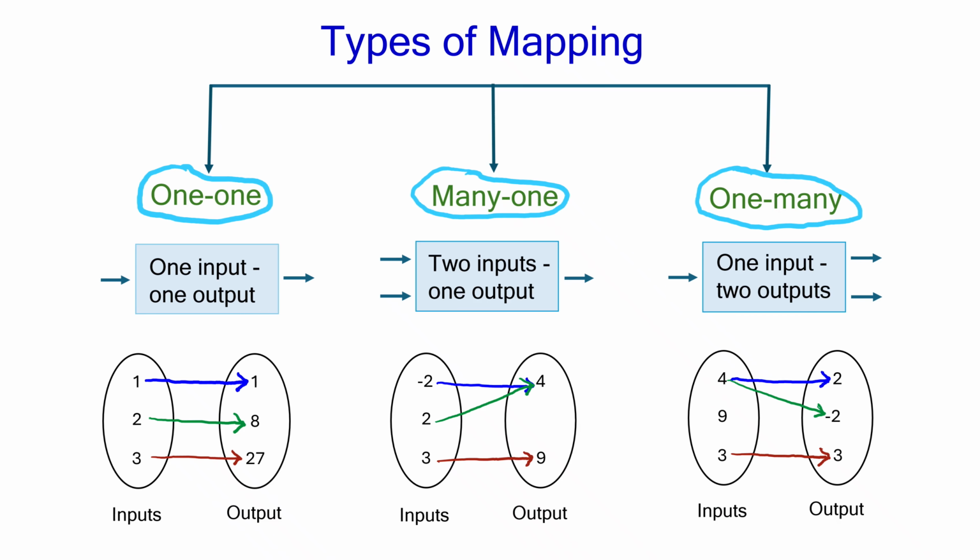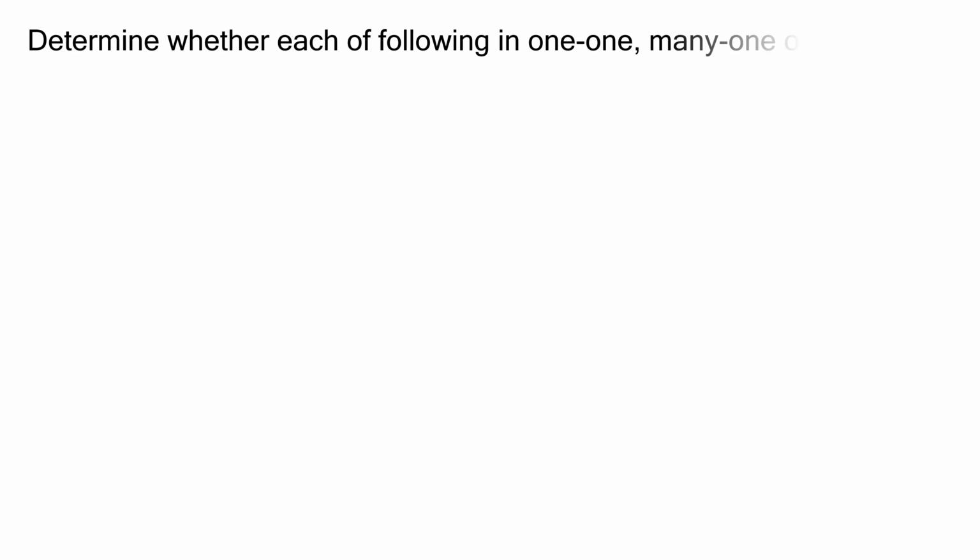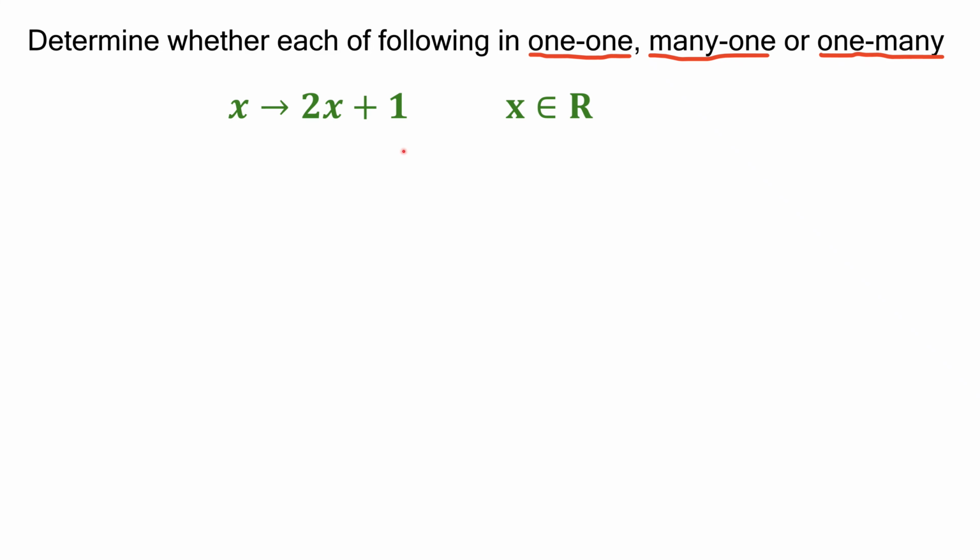Now we will consider this concept with the help of an example. For example, we have to find which mapping is one-one, many-one, or one-many. The mapping is given in the form of this relationship. The mapping says the input x maps onto output 2x plus 1. This is output, this is input, and the arrow shows maps.